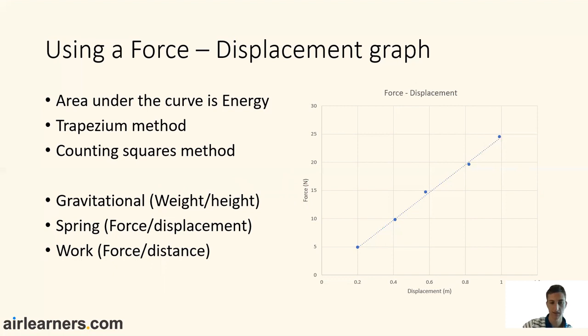So that's another option. You've also got force displacement for a spring, and you've got force distance for work. So there's a lot of options, all with the same result of energy. So it's going to be gravitational potential, spring potential, or work. So those are the options essentially for calculating energy using a graph.